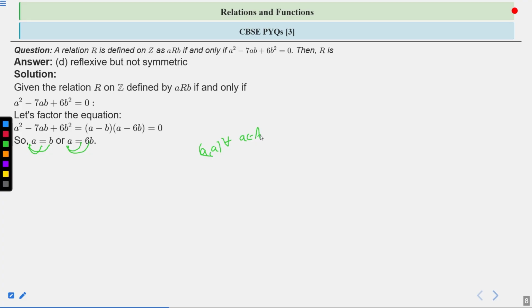Therefore A equal to b is coming, so it will be reflexive. What is the condition of reflexive? For any A, A equal to A holds. A equal to A is holding, so R is reflexive.